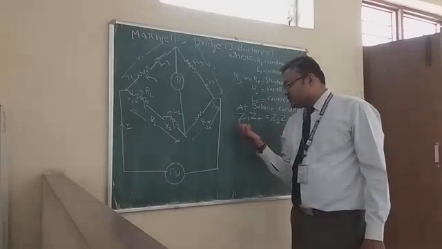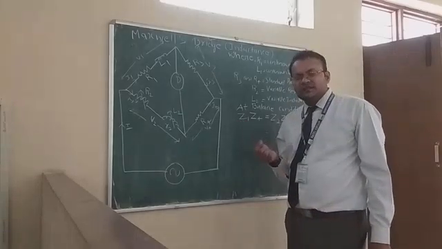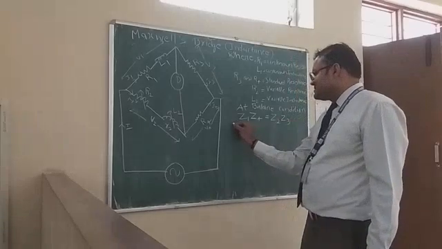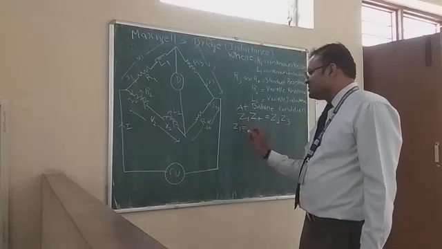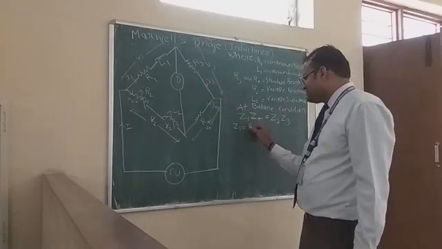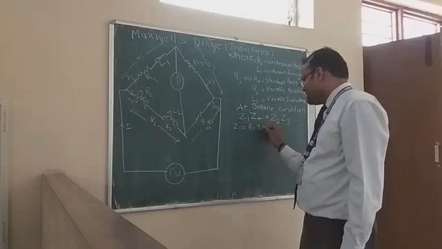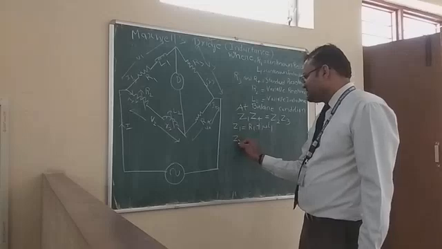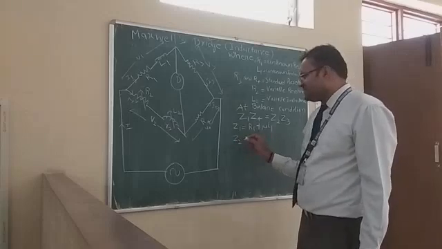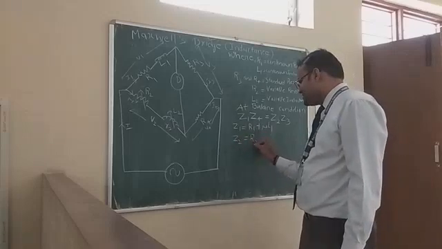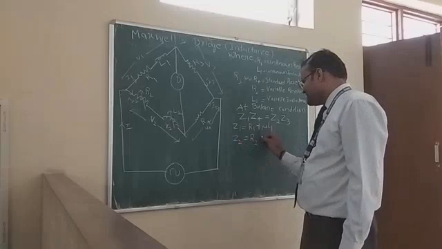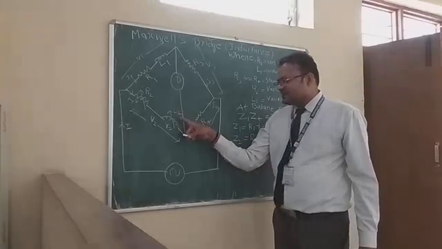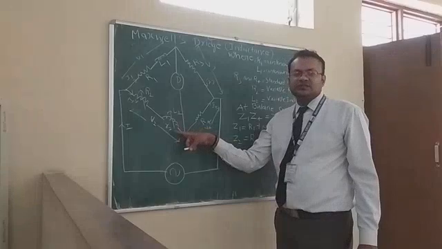Now we can find the value of Z1, Z2, Z3 and Z4. Z1 is equal to R1 plus j omega L1, where Z2 has resistance R2 and it has inductance L2, but the internal resistance of L2 is R2.